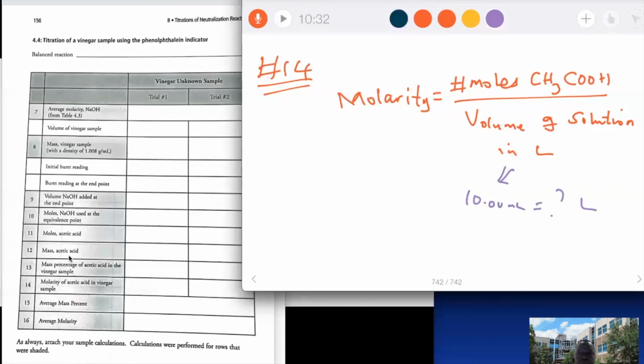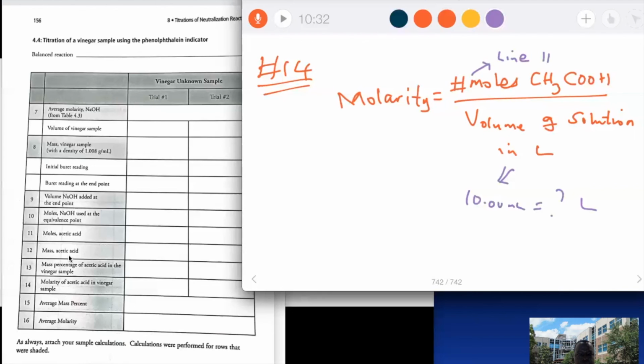The number of moles of acetic acid is line 11, moles of acetic acid over volume of vinegar solution in liters, which should give you the molarity of acetic acid.